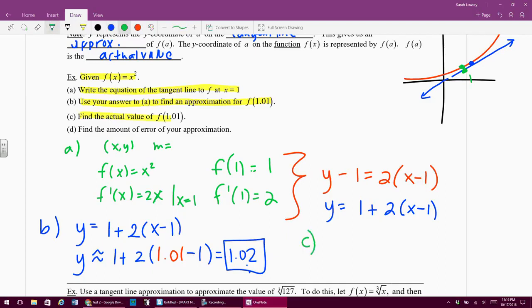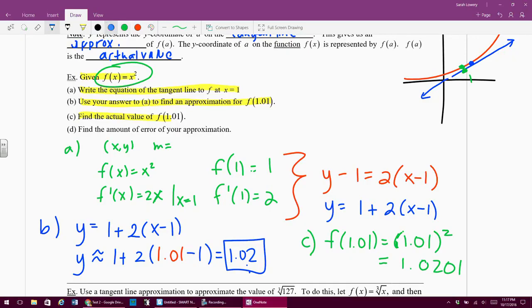Okay? So part C says, hey, go find the actual value of f of 1.01. So keep in mind, f of 1.01 is talking about my original function f of x. So I'm just going to say 1.01 squared. If I put 1.01 squared in the calculator, I'm going to get 1.0201.